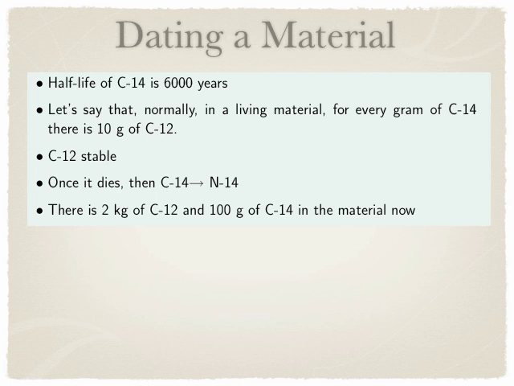Okay, I'm back. Now, if I know that there's 2 kilograms of carbon-12 now, and carbon-12 is stable, that means I knew that there's 2 kilograms of carbon-12 originally in there, because carbon-12 does not decay. Then I know that normally for every 10 grams of carbon-12, there's 1 gram of carbon-14. Now, these are not the real numbers. The fraction is actually much smaller, but I'm doing this so that we can pretty much do the math in our heads.